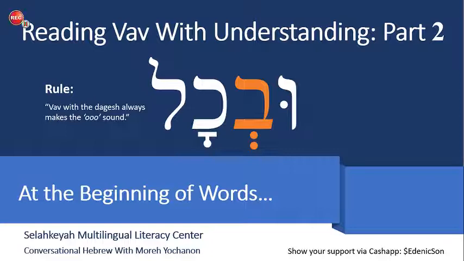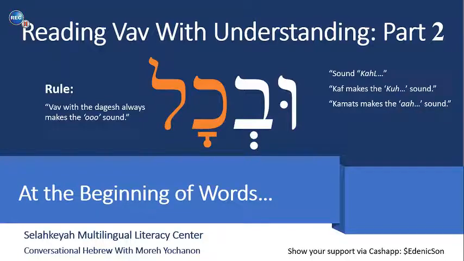Be or ve, right? This ve means in or with, right? It means in or with. Let's go like this. It says sound kol. So here we have the kol. The kaf makes the k sound.